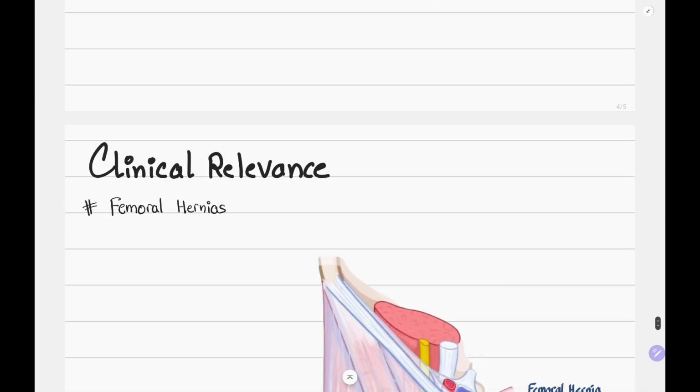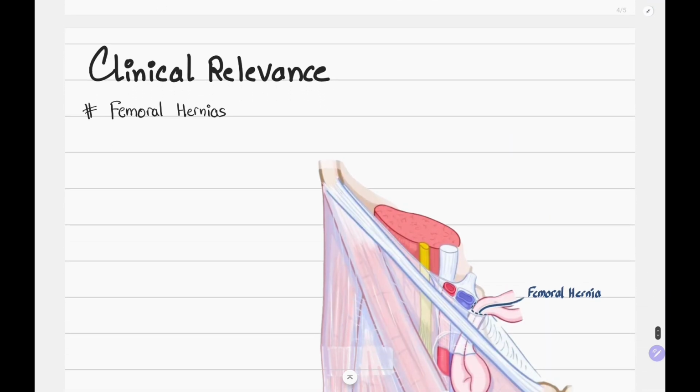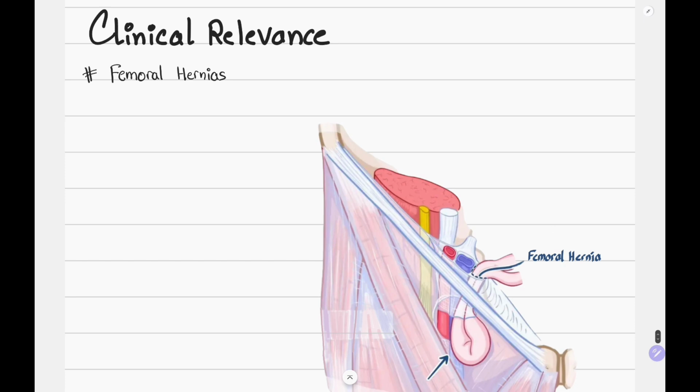Now coming to the clinical relevance of this topic, that is the femoral hernias. So what is a hernia? First of all, a hernia is a bulging of an organ or tissue through an abnormal opening. As the person ages, the femoral ring or the femoral canal becomes susceptible or weakened, due to which the intestinal loops may herniate through it to form a femoral hernia.